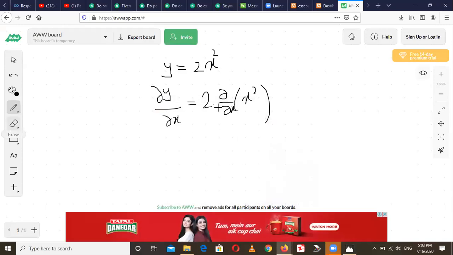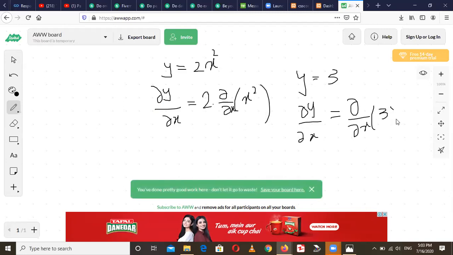If we are given a constant, for example y equal to 3, and I have to differentiate this with respect to x, so del y by del x is equal to del by del x of 3. Remember, the derivative of any constant is equal to 0. This is the formula of differentiation.